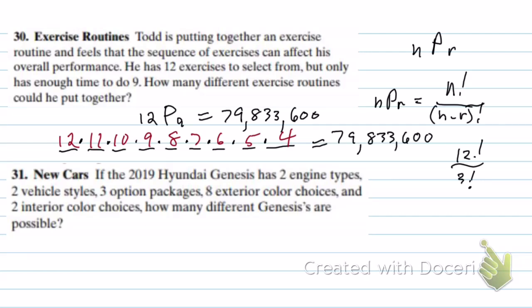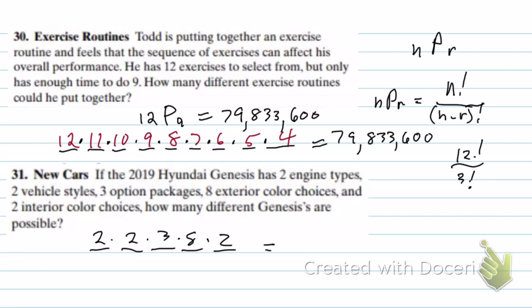How many blanks do I have? I've got engine type, vehicle style, option, exterior, interior. So there's 5 different things here. For the engine type, I've got 2 choices. Vehicle style 2, 3 option, 8 exterior, 2 interior. Just multiply.